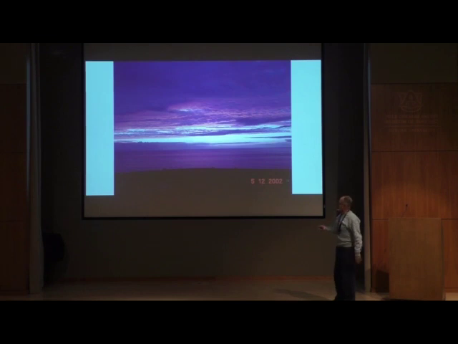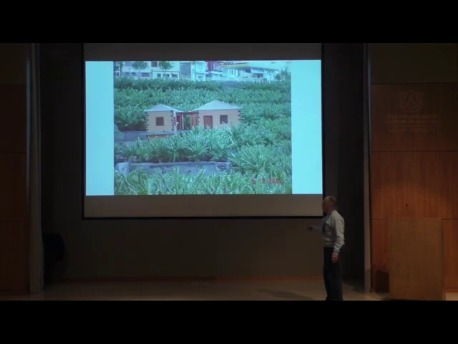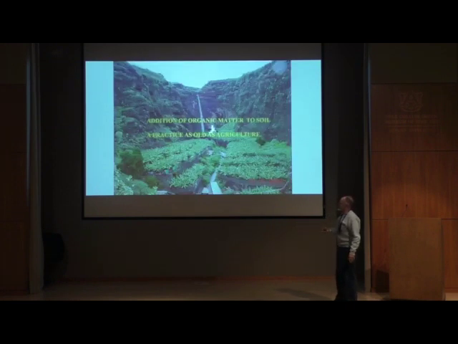And that's a sunset, and that's the town. And that's a museum of bananas. You want to know about bananas, you go over there and they teach you all about it. That's part of my farm.